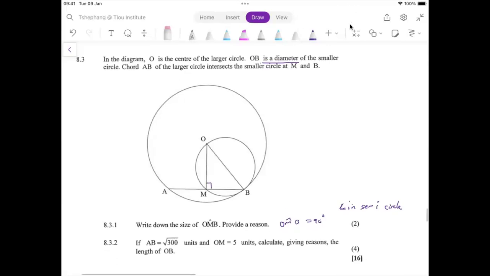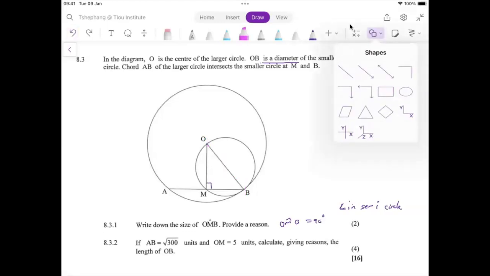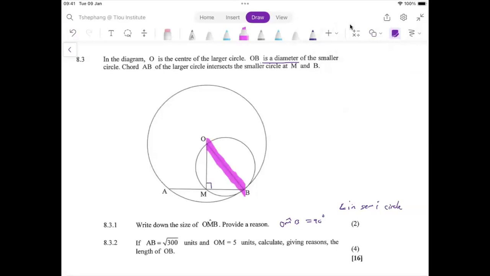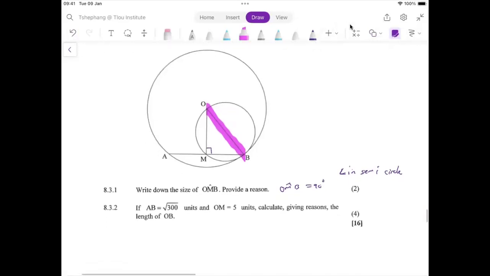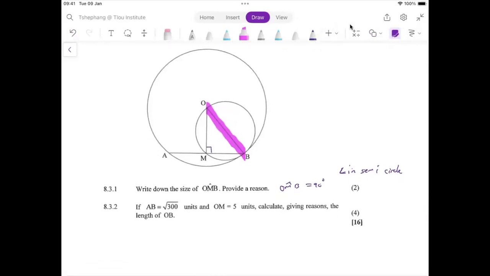So calculate OB. What we want to find ultimately is that. We know that AB is given.